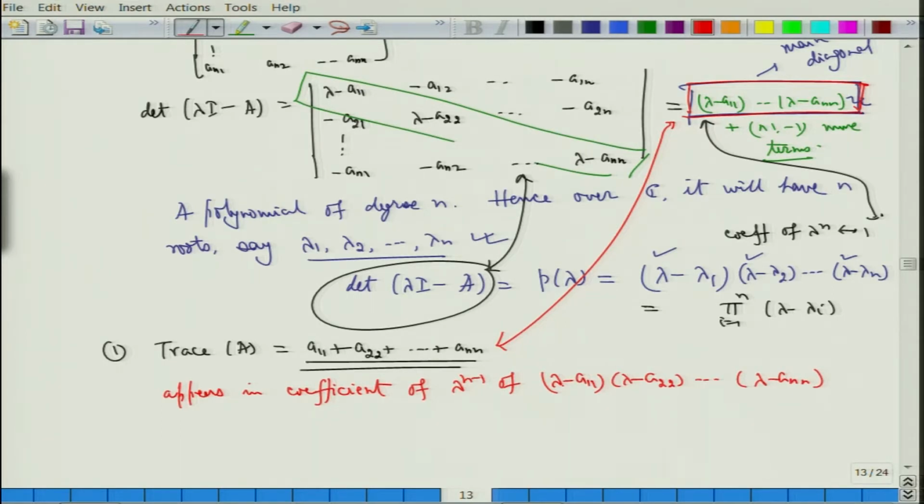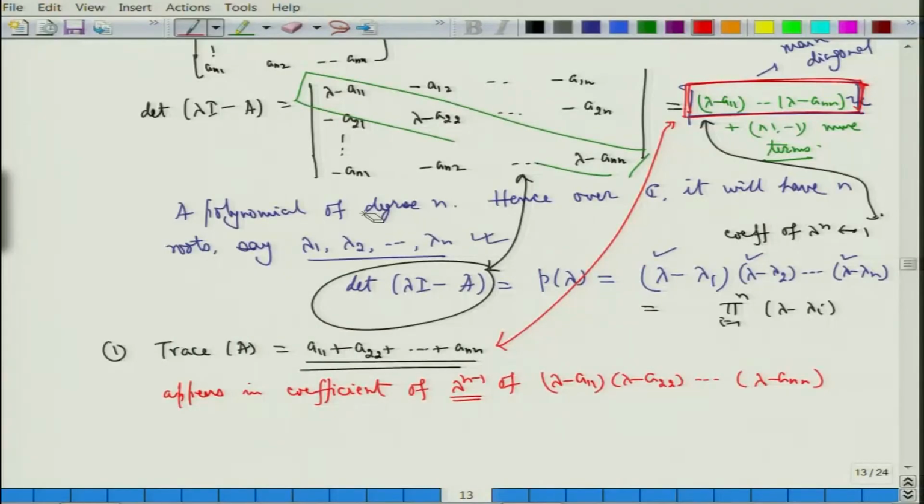And there is no other term of lambda to the power n minus 1. Why? Because if I look at this part, the main diagonal gives me lambda to the power n, lambda to the power n minus 1, lambda to the power n minus 2 and so on, fine. If I do not want to look at the main diagonal, if I want to look at any other thing, all right.